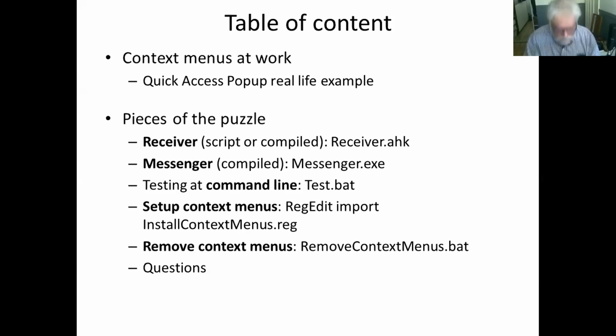The fact is that we were talking about Quick Access PopUp a little bit earlier. I'll show you what this tool is, not because I want to promote it, but just to explain that I received a request from a user to add the capability to use this tool through the Explorer context menu.